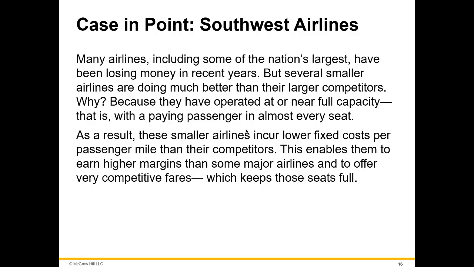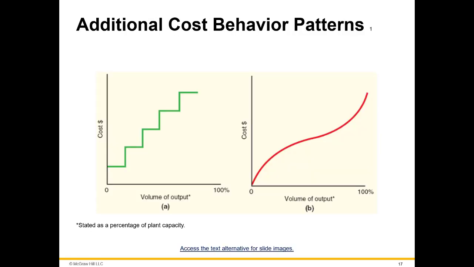Okay, so let's talk a little bit more about additional cost behaviors. Rarely do costs fit exactly into fixed or variable or even semi-variable. They're often going to look different, like there's going to be a step function, or it's going to be curvy or something like that. And so we recognize that as something we need to consider.